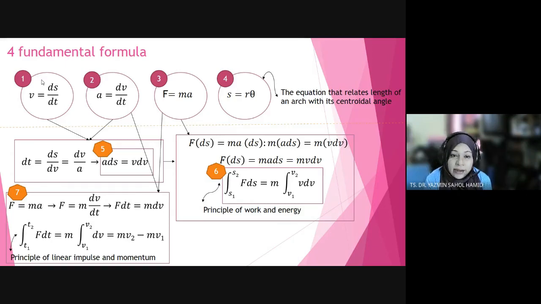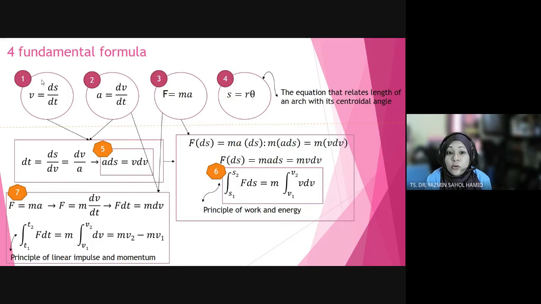And then when I combine formula number 5, which is a ds equals v dv, with formula number 3, I get the formula of the principle of work and energy. So these are formula number 7 and 6. Later on, we will go through it. But at least you know what the basic formulas are.